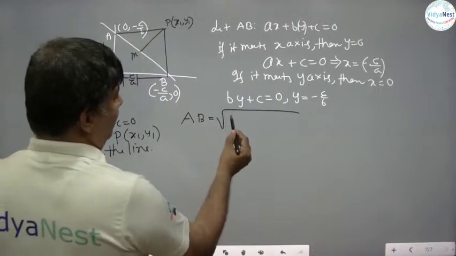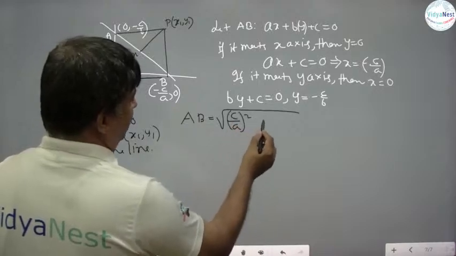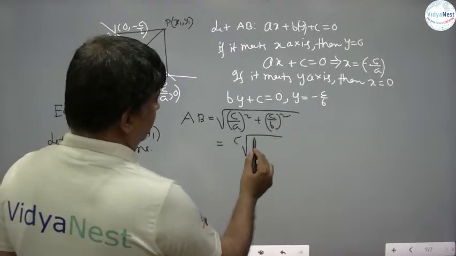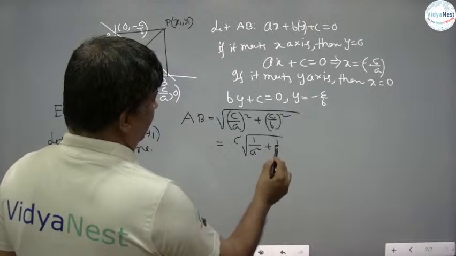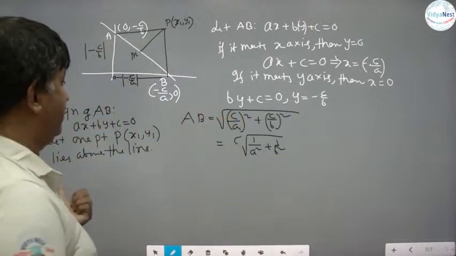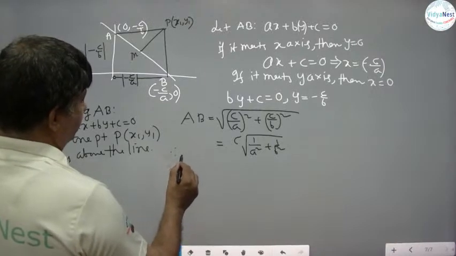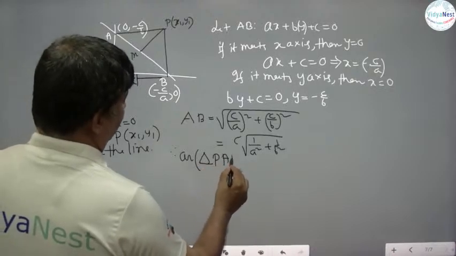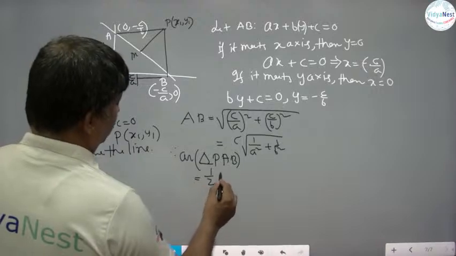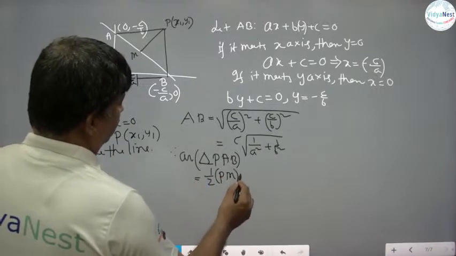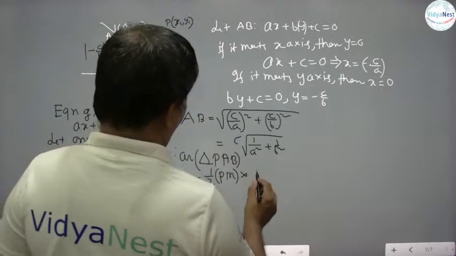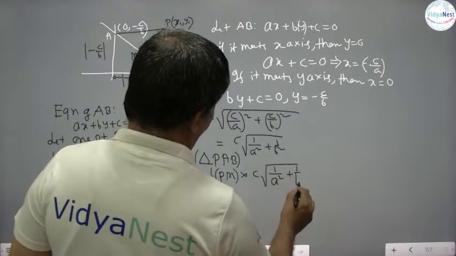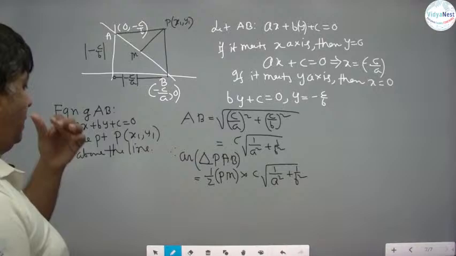So once you find the length of AB, it will be c root of 1 by a square plus 1 by b square. c is taken out. Therefore, area of triangle PAB is half of perpendicular into base. Okay, this is the area of triangle PAB.